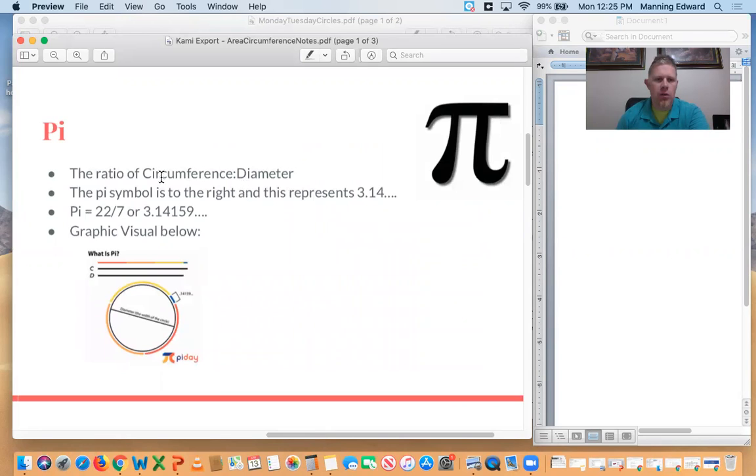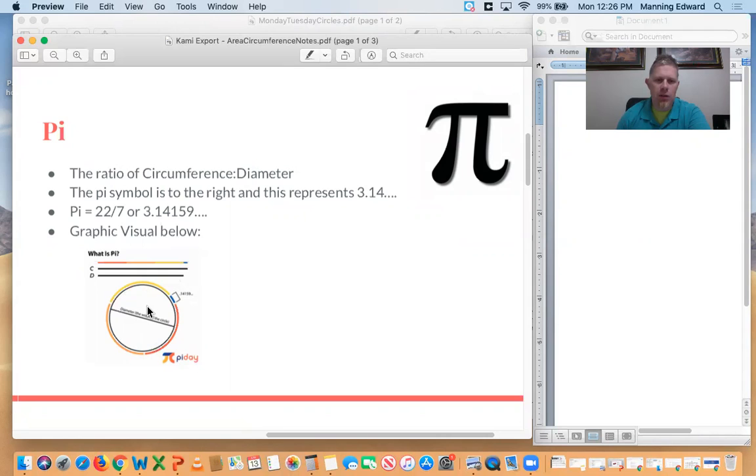All right, the ratio is the circumference divided by the diameter. So the pi symbol is to the right, and this represents 3.14. Now a mathematician ended up figuring it out many, many years ago that, after doing a bunch of calculations, if I find out that the diameter here is 7, then the circumference would be 22.